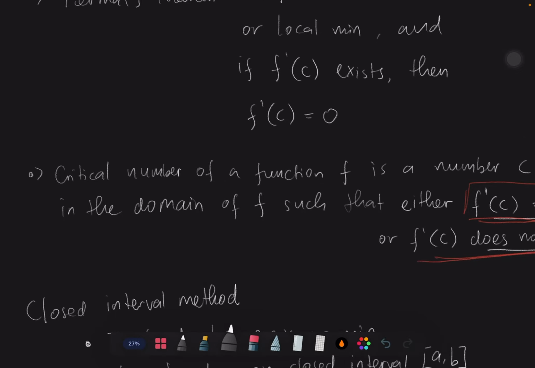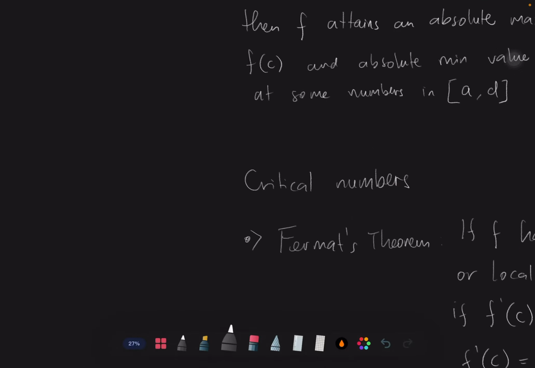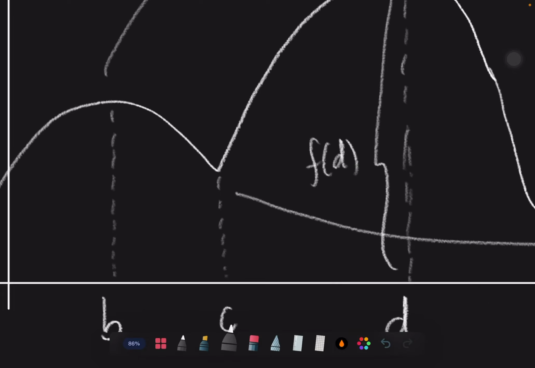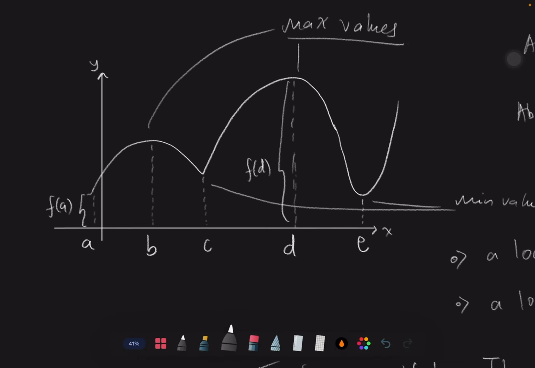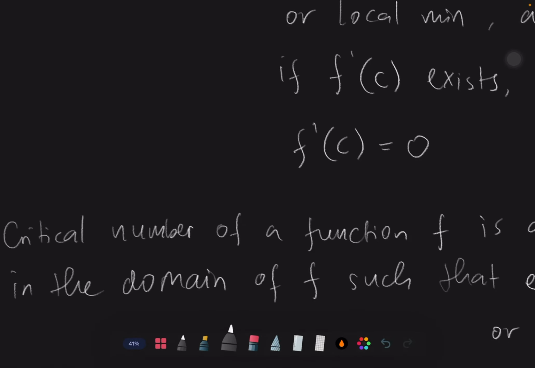And we have a definition of critical numbers: a number c in the domain of f such that the slope f prime c is equal to 0, or we say that its tangent is horizontal, or f prime c doesn't exist, as we mentioned in the curve that we have at c, it does not exist, okay? But that is critical numbers.